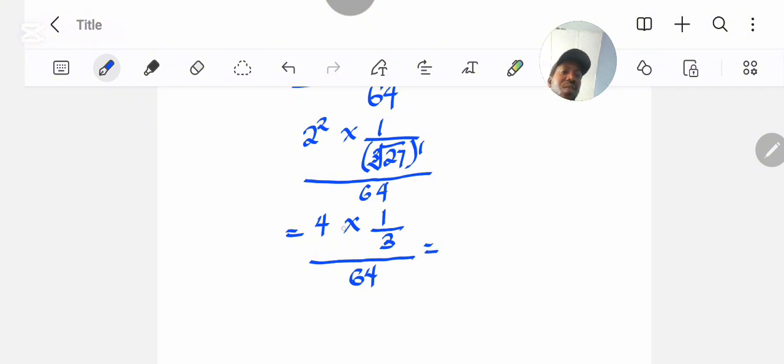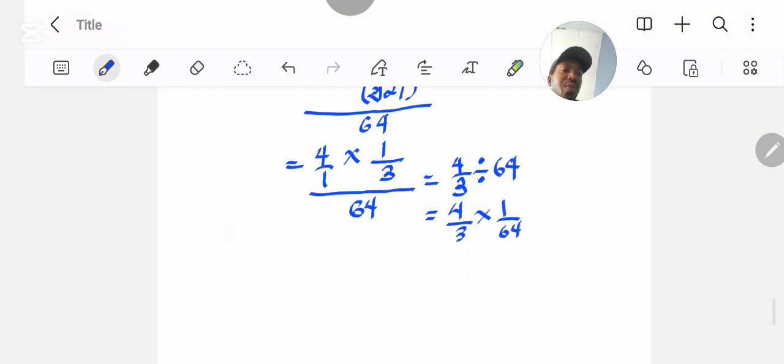Now, this is the same as 4 times 1 over 3, which is the same as 4 over 3 divided by 64. And this is equal to 4 over 3 times 1 over 64. So 4 can go into 64 sixteen times. That will be 1 all over 48.